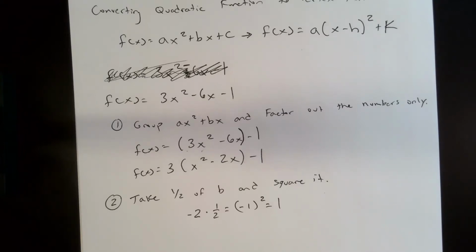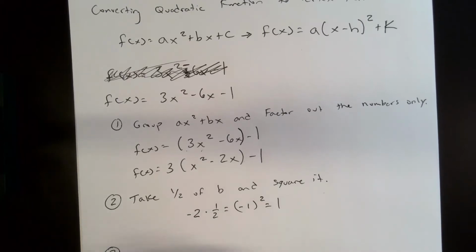Okay, now this is where it gets different. So everyone needs to pay attention right now. What was the rule when we completed the square? We had to add it to both sides, right? This is where it's different.